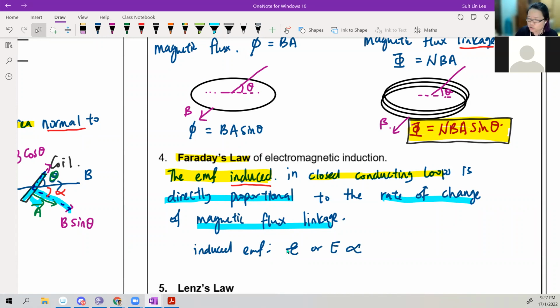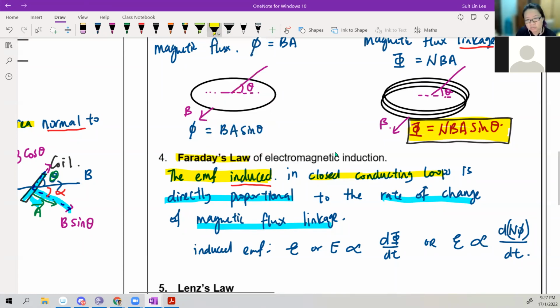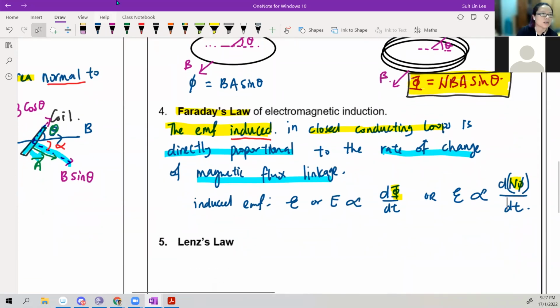It's directly proportional to d(flux)/dt, or you could also say induced EMF is directly proportional to d(N flux), because N turns over CIE is a little bit annoying where these two signs of flux are interchangeable. That's why when I teach also it feels like an interchange. Okay, so read the question. This is d(flux)/dt. Okay, I'm just going to take the cleanest, minimalist version.